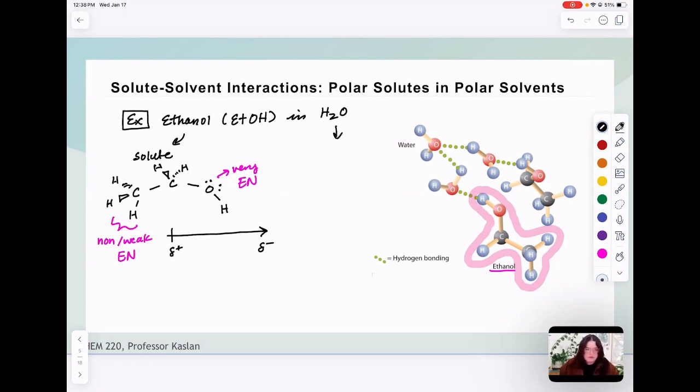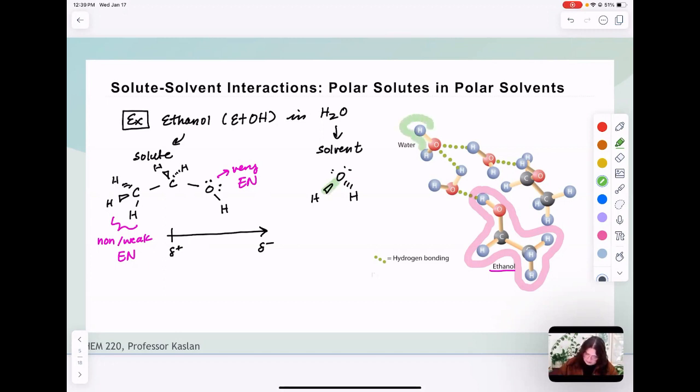Water in this solution is our solvent. Again, we're going to be focusing on aqueous solutions. And as we saw from before, water has a very strong dipole due to the fact that it has set up a bond between hydrogen and oxygen.